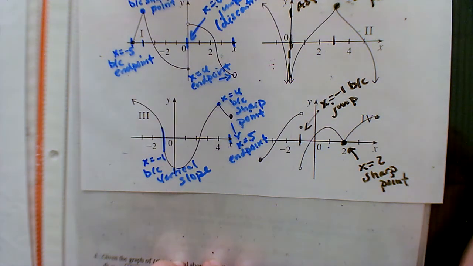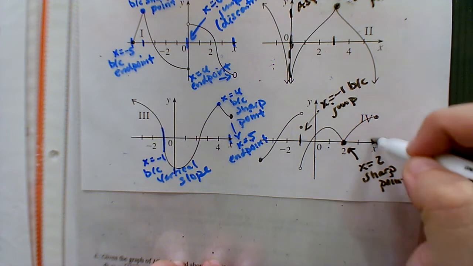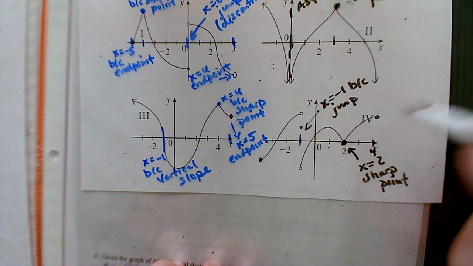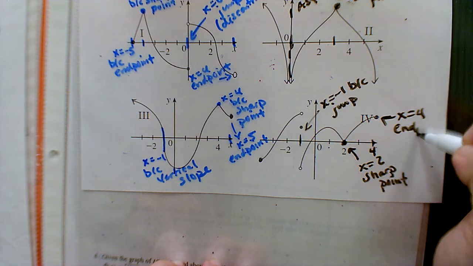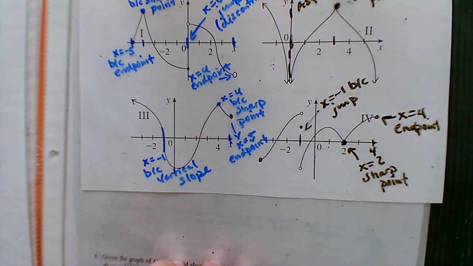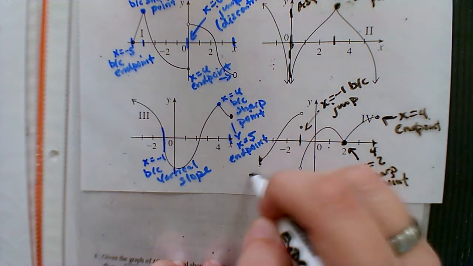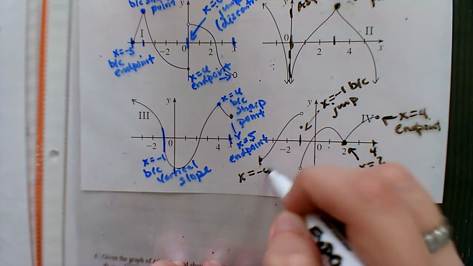You're on a roll. Yep. 3 because of an endpoint. 4. Okay. I know it's not labeled. Yeah, but we'll say it's 4. -4. Okay.